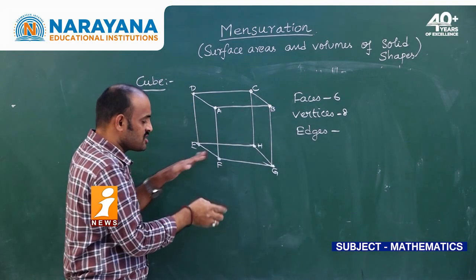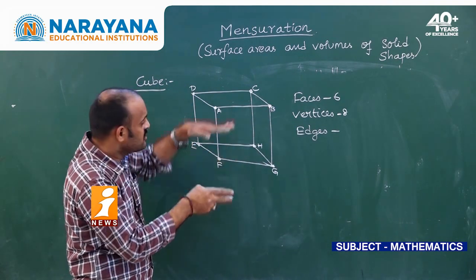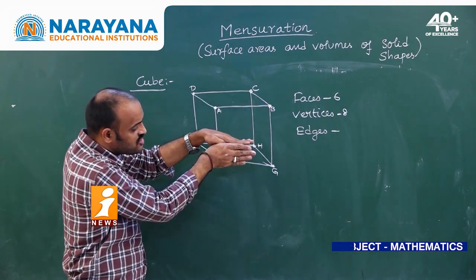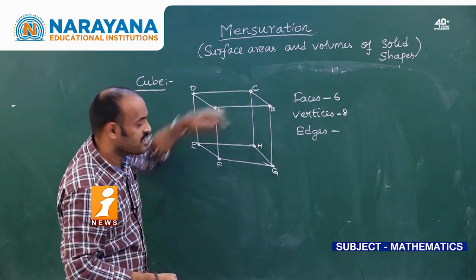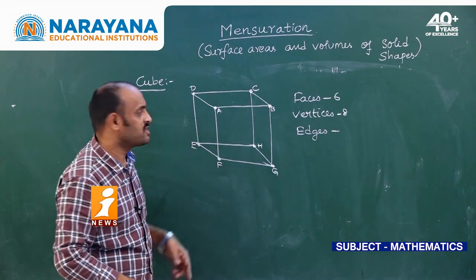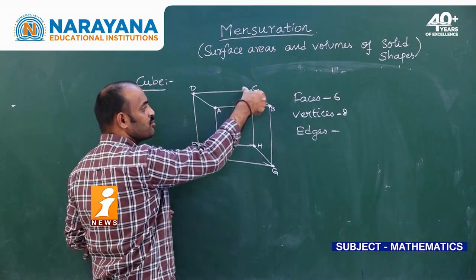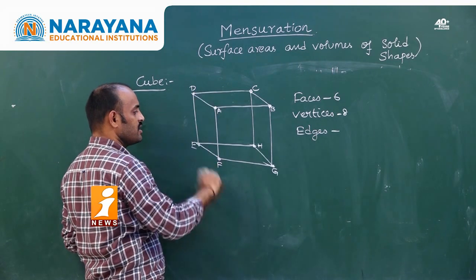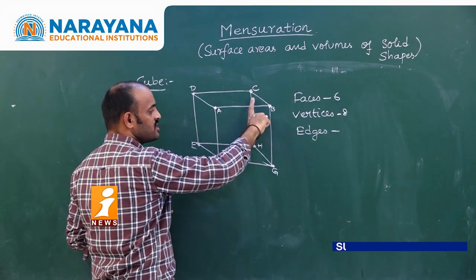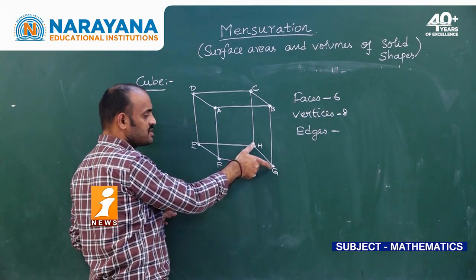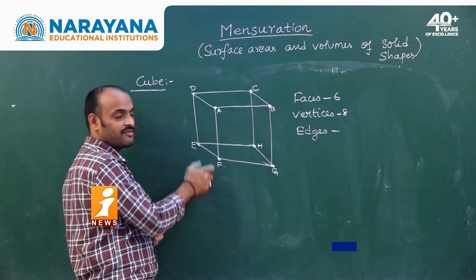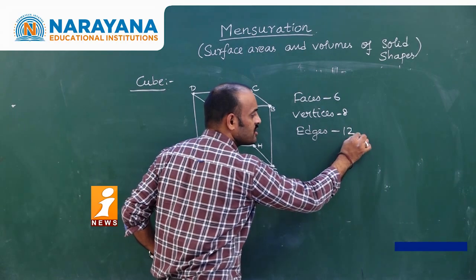The line segment formed by the joining of 2 faces. The top face and the front face are joined like this and form a line segment, which is called an edge. So there are 12 edges: AB, BC, CD, DA, AF, BG, CH, DE, and at the bottom GF, GH, EH, EF. In total the edges are 12.